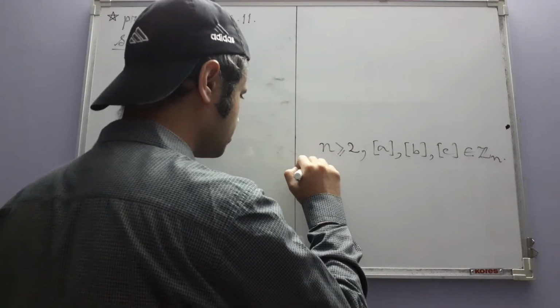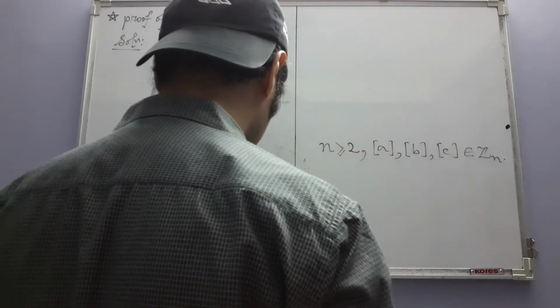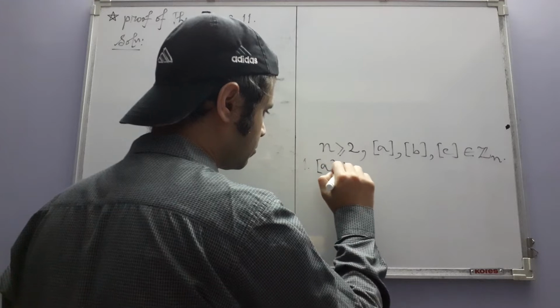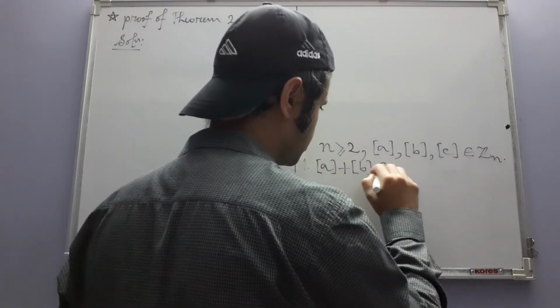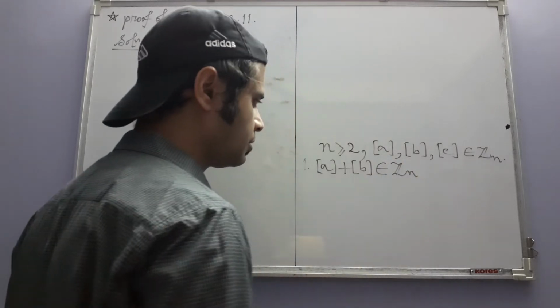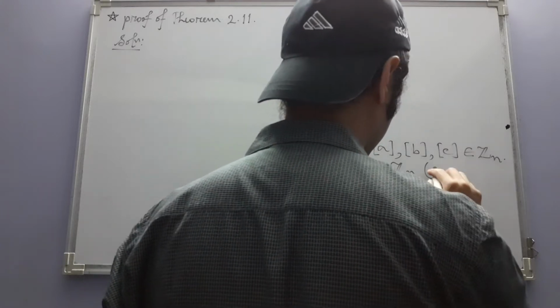Then the sum of two such elements again belongs to Zn. This is called closure under addition.